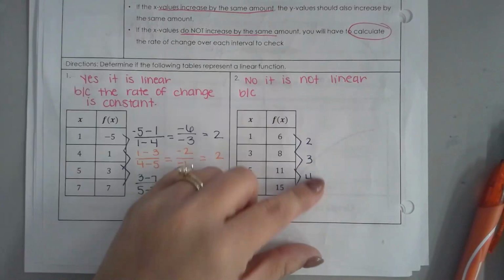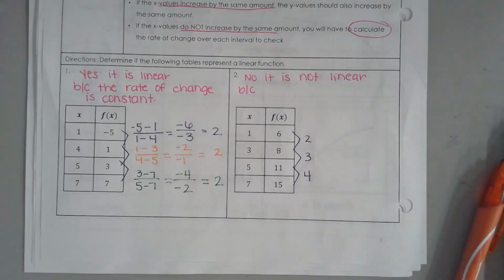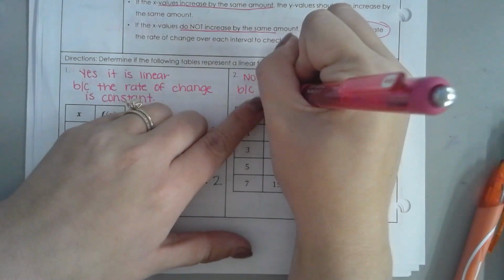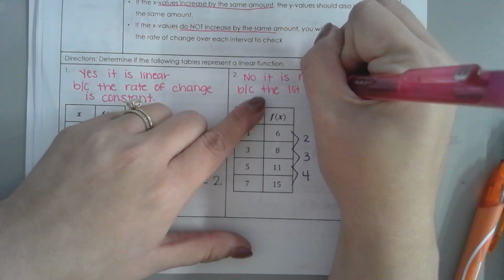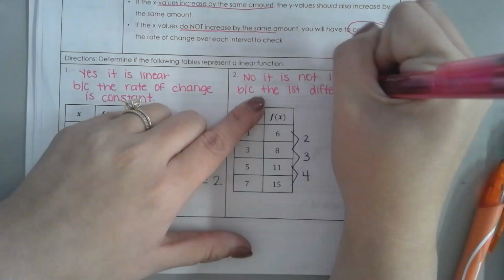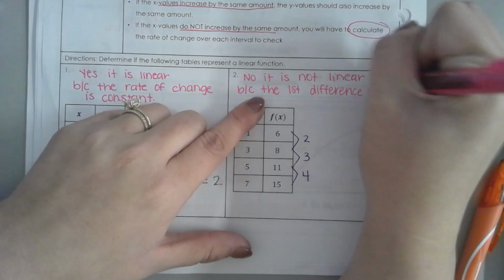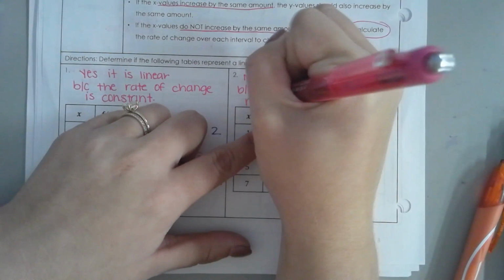Sometimes we refer to this as the first difference. So when you do your table and you find those differences the first time, we call that the first difference. We're going to do it with quadratic and we're going to look at the second difference. Okay? So you can say because the first difference is not constant.